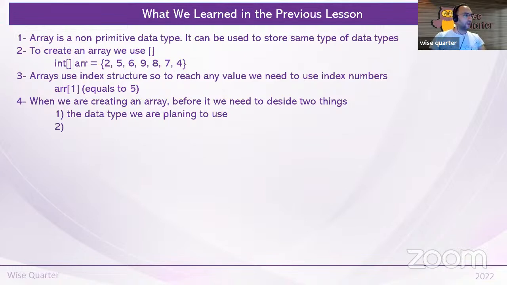Two, before creating it, we should decide the number of elements. The number of elements will be fixed for the array, so we should decide it before creating the array. If you are planning to put 5 elements, we should create it for 5 elements. We cannot increase the number. So it is a very important option here.